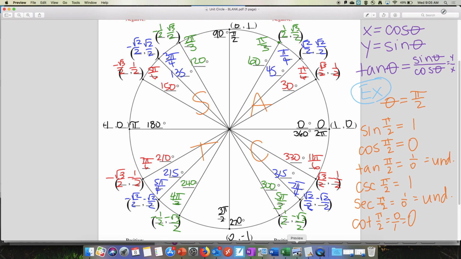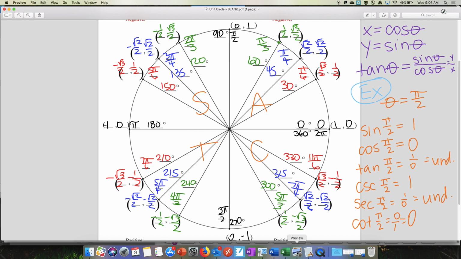Like if you know that at pi over 6, your coordinate is radical 3 over 2, 1/2, then for any other pi over 6 angle, you can think about x, y, and then just think about the positives and negatives for each quadrant. That would be my advice to you. If you know the first quadrant, you are good.